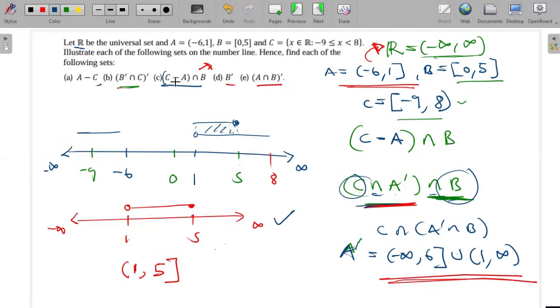Yes, it's A complement. Okay, so the A complement also was intersected. Remember here we started with C and the A complement. So we found the intersection of these two and then we intersected it with B. You could also have done it another way, since we said this is associative.